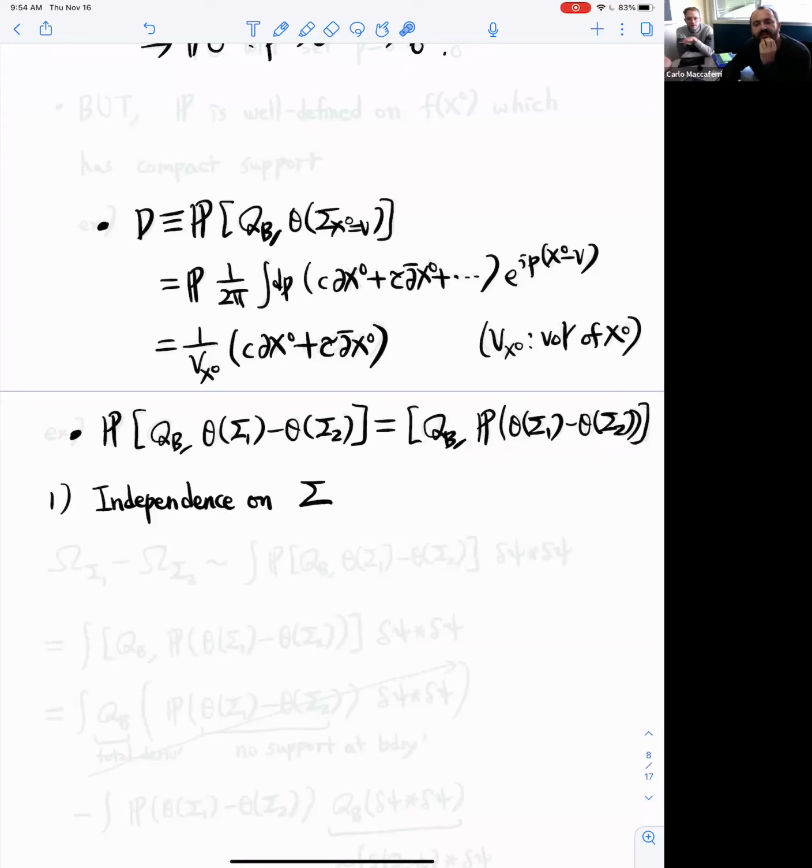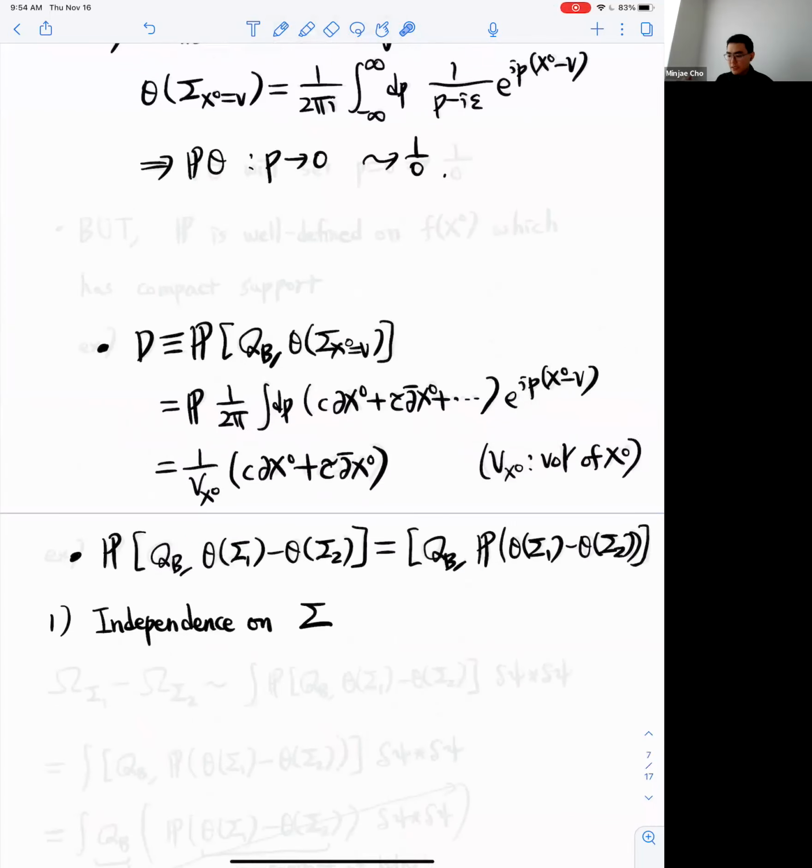Sorry, I have maybe a naive question. I'm Minjae. Sure. Hi, Carlo. So, is it so obvious that given any sigma, you are always going to find a 0,0 primary in the expression QB theta of sigma? Good. So you're asking if we choose, say, some complicated Cauchy slice. It's not obvious, right, that there is always a 0,0 strict primary inside.